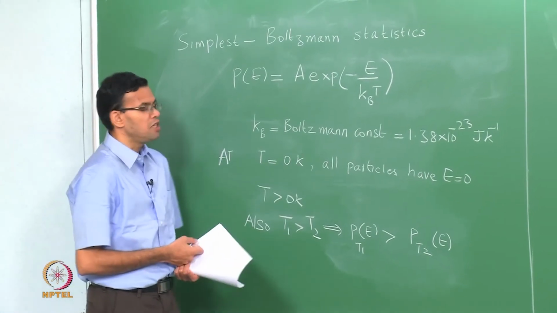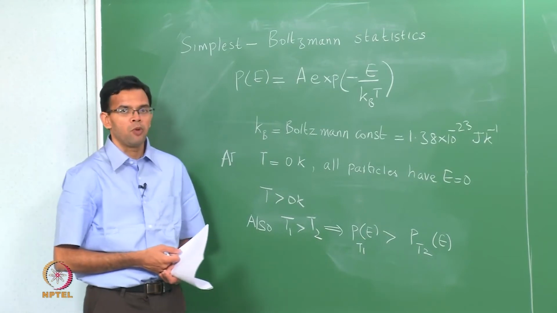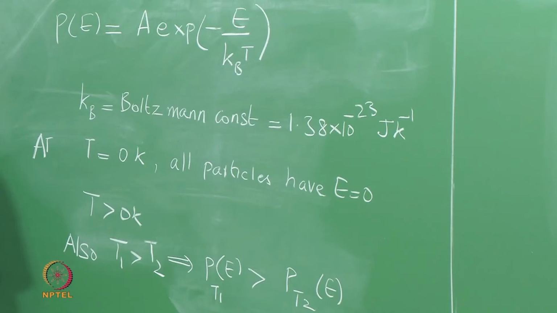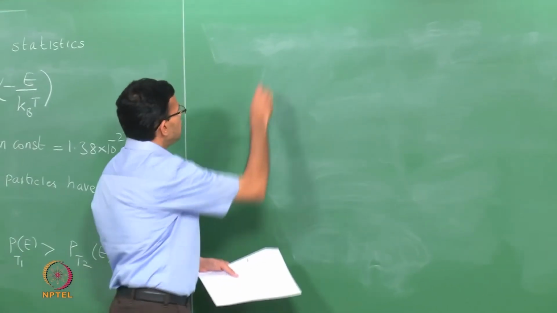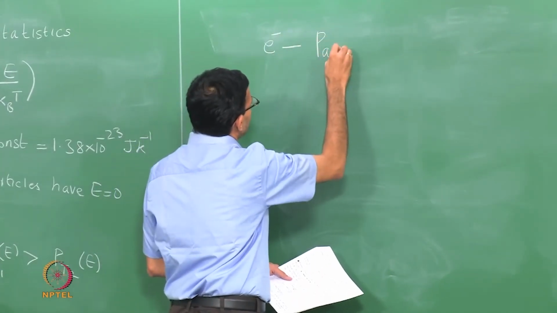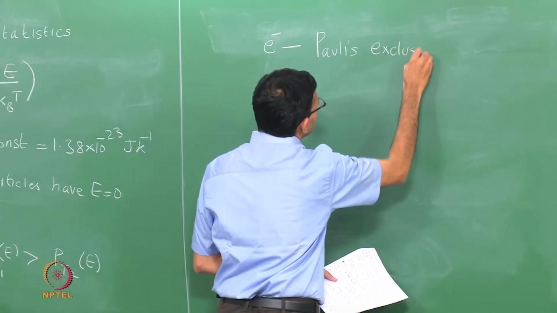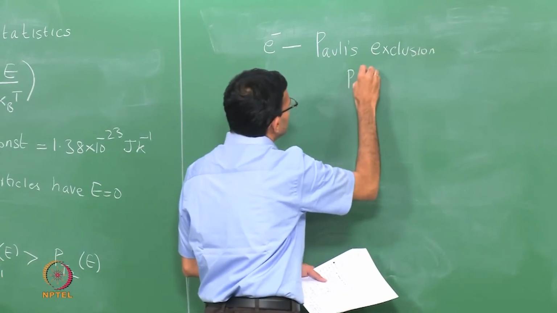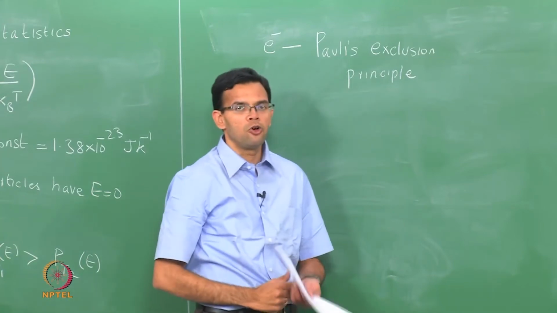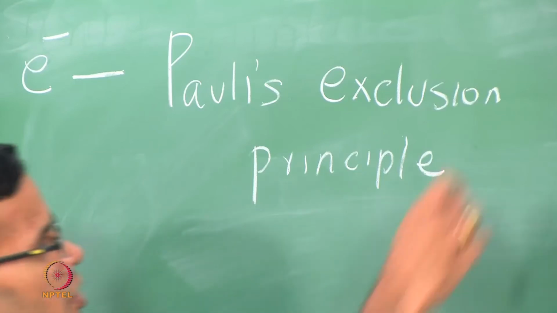The problem with using this for electrons is that electrons have to obey Pauli's exclusion principle, which states that no two electrons can have the same set of all 4 quantum numbers.